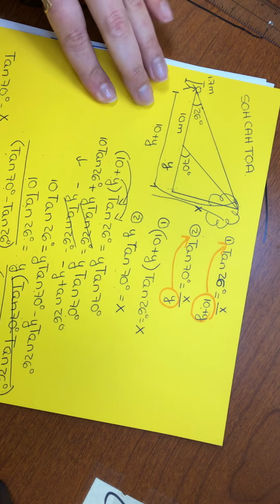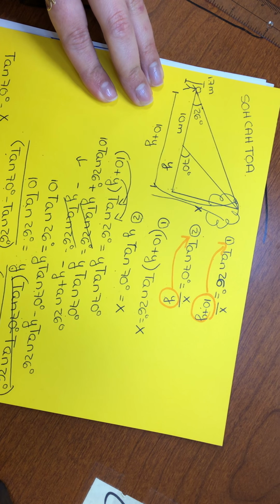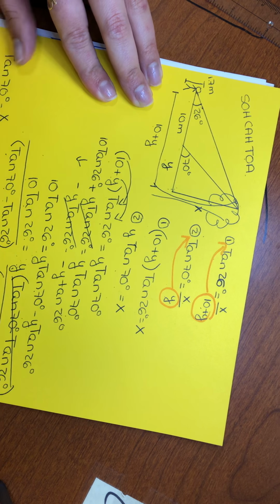So now you get the value of x, which is 5.01, and you add 1.7, because that's her height. So we do 5.01 plus 1.7, and we would get 6.71.